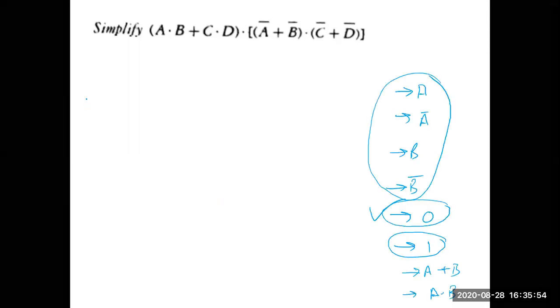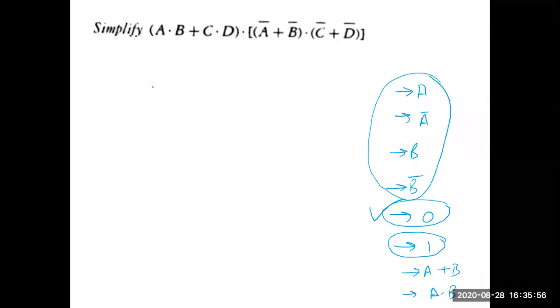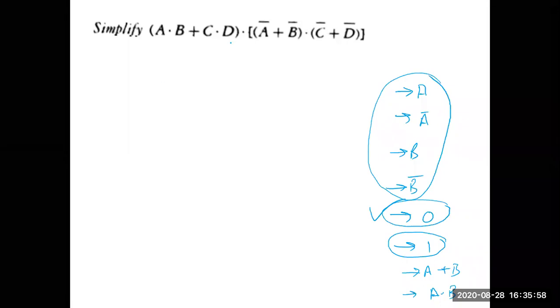So with this, the theory part of these topics is over now, and let's solve some questions, some 2-3 questions. So this is A dot B plus C dot D in bracket.